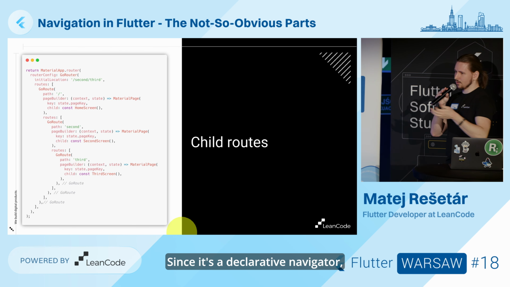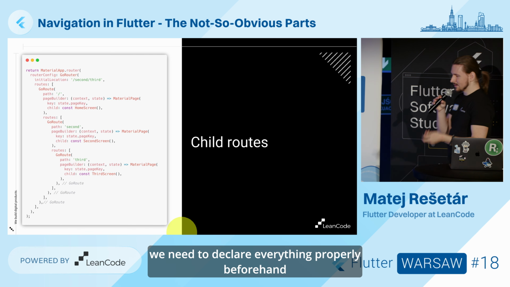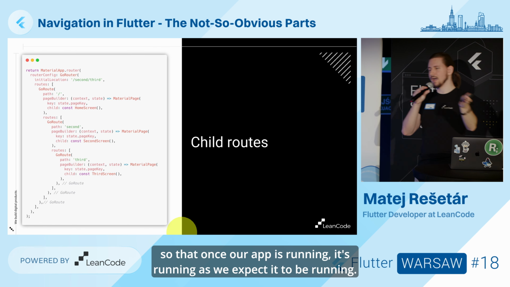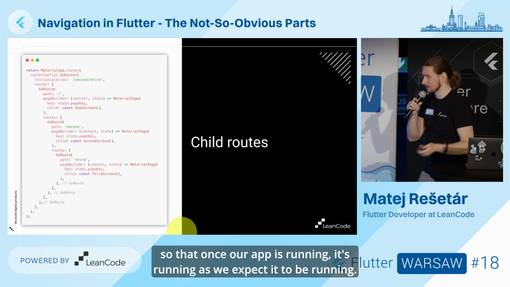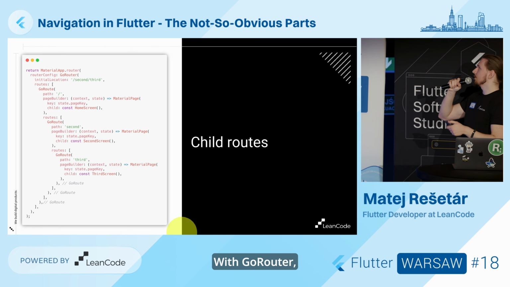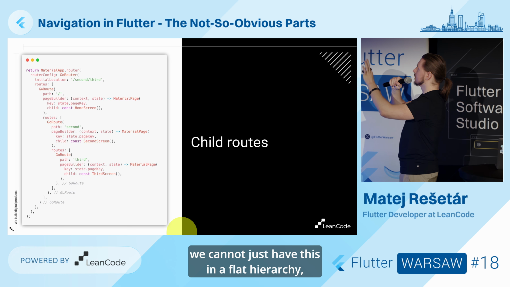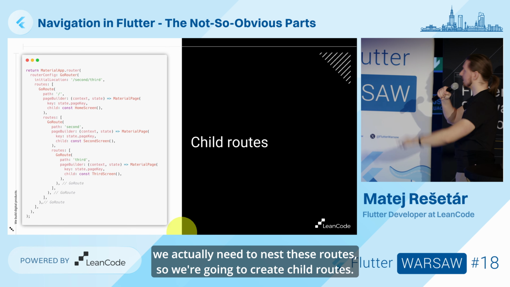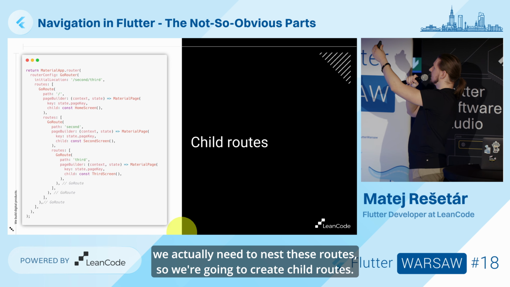And since it's a declarative navigator, we need to declare everything properly beforehand so that once our app is running, it's running as we expect. So with GoRouter, we cannot just have this in a flat hierarchy. We actually need to nest these routes. So we're going to create child routes.